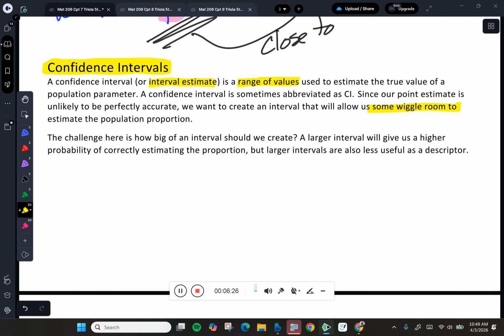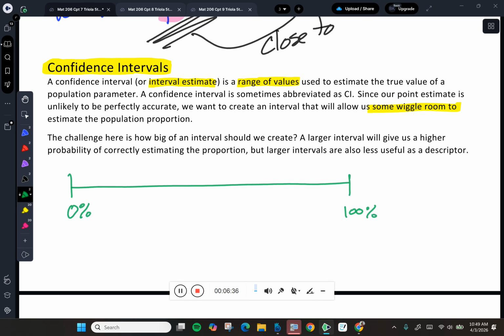Now, the problem with that is, here's 0%. Way over here is 100%. I don't know what P is, but I'm just going to put it right here.